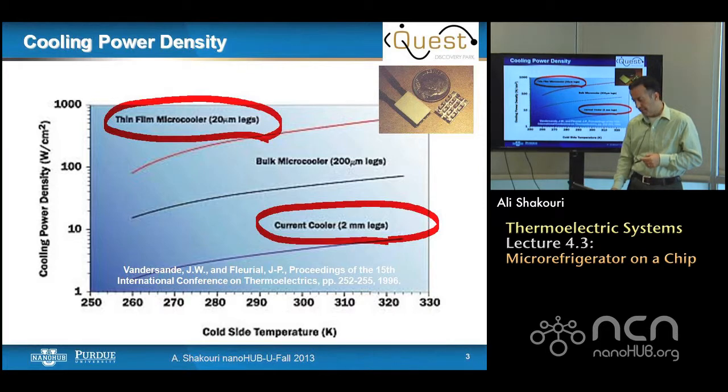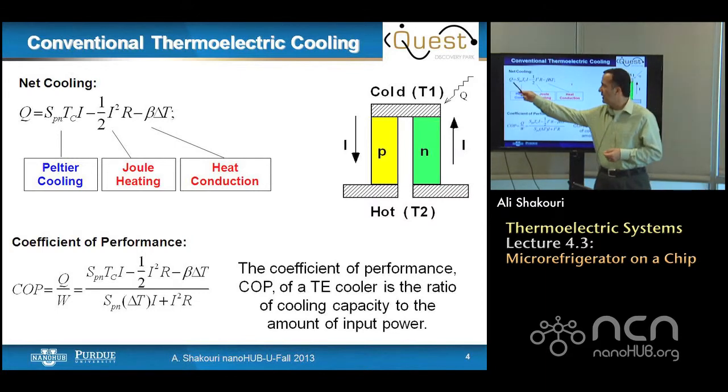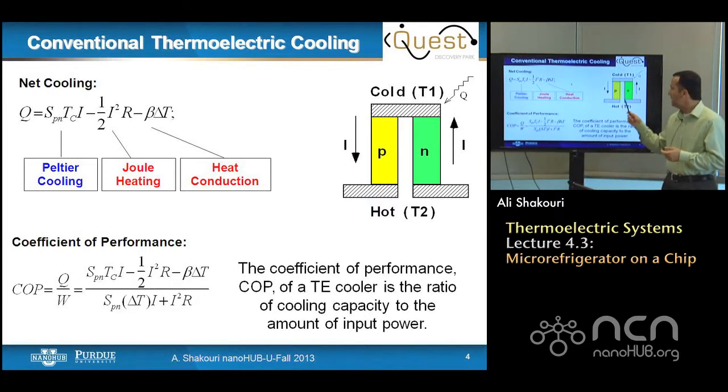How this scaling happens comes from the energy balance: the net cooling is a result of Peltier cooling minus Joule heating in the material and heat conduction. Of the Joule heating in the material, half of it goes to the cold side, the other half goes to the hot side.